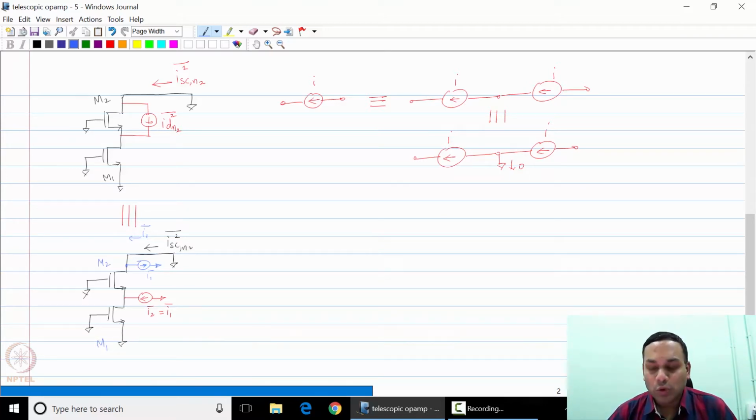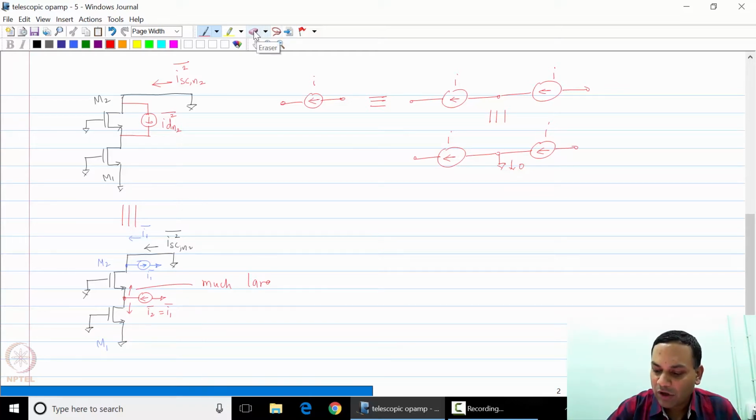Now what about I2? I2 also has the option of flowing through two paths in the circuit. It either has the option of flowing upwards or flowing downwards. As we have seen, the impedance looking downwards is RDS1, whereas the impedance looking upwards is 1 over Gm2, which is much smaller, and therefore this current is much larger.